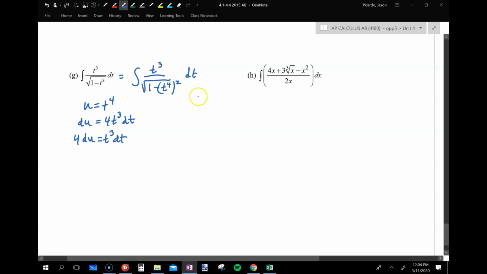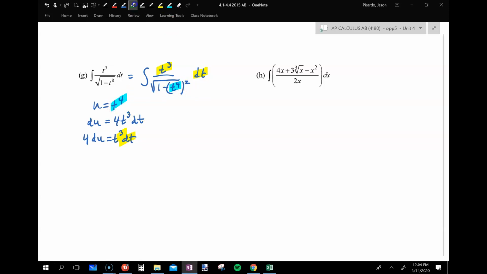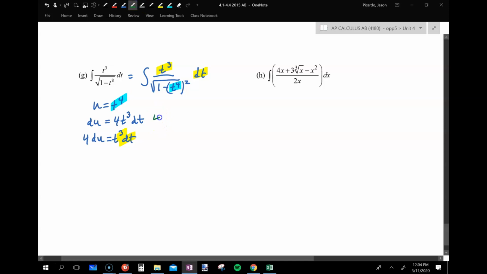So when we substitute in, here's my, oops, wrong spot. There's that. There's that, right? So the way I'm going to write it now is this. So this is the same as 4, 1 over that.